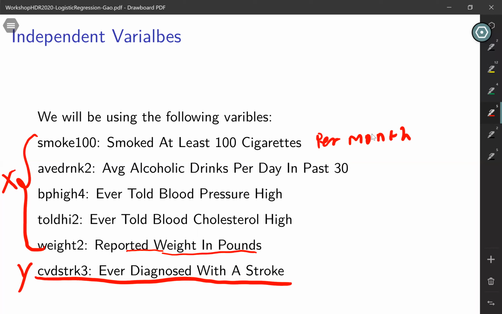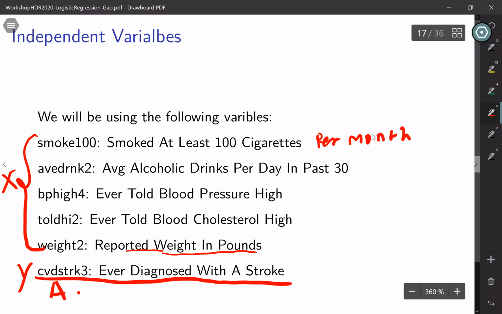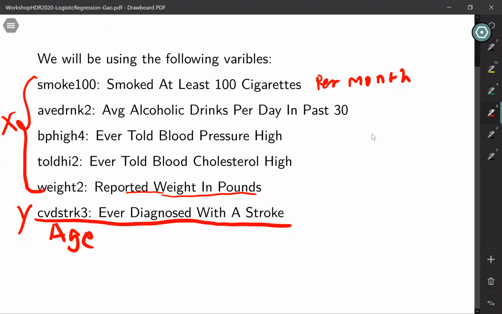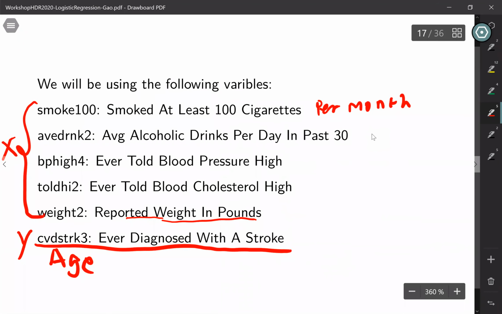When you consider a set of predictors, those predictors can be categorical variables or numerical variables. For example, age. We can treat age as a numerical variable in the model, and in logistic regression that's fine.